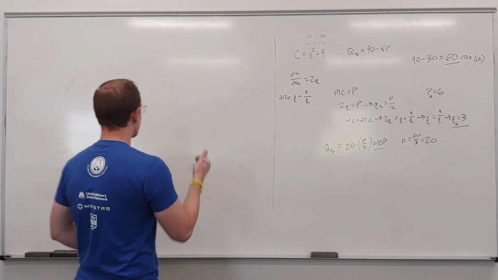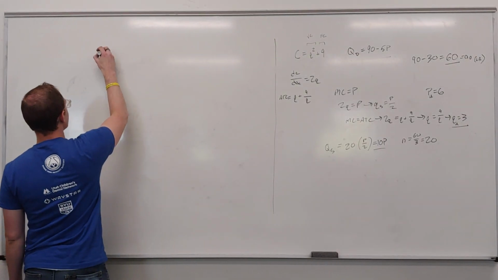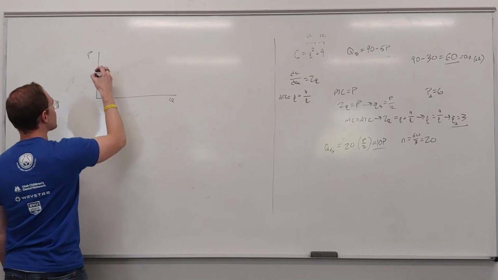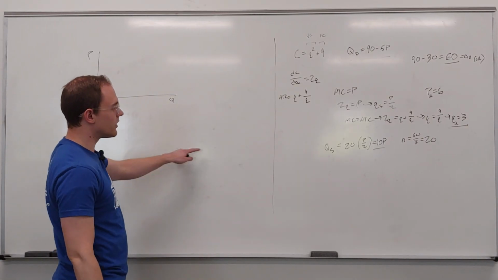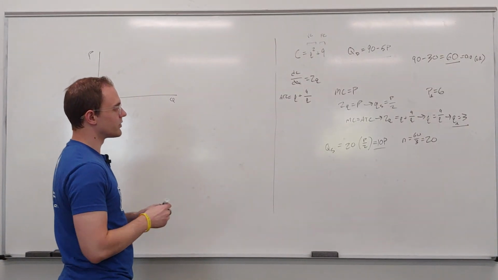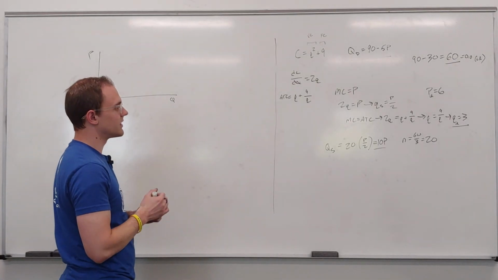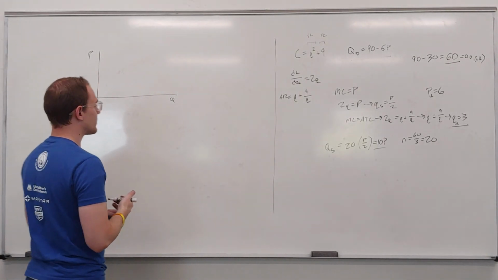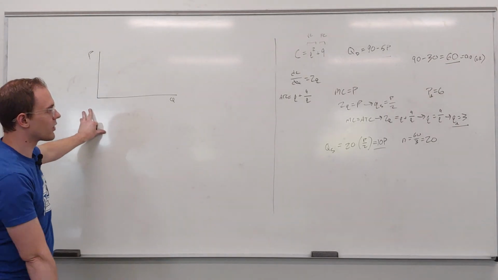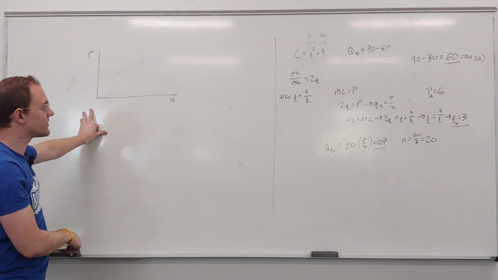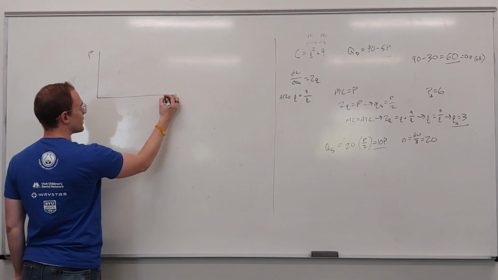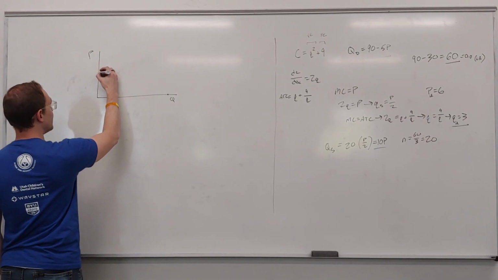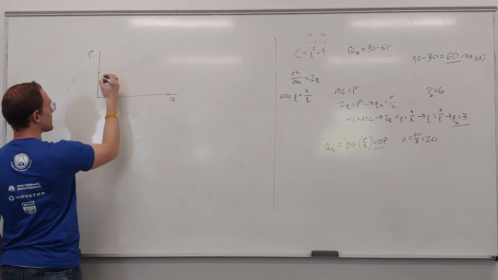Okay? Let's graph this, why not? Okay, so here's a little graph. Here's quantity, here's price. And we know that in the long run, we're producing where the price is 6, and the quantity is 60. So for our quantity demanded, 90 minus 5p, let's say we have 90 out here, and 18 or so we have somewhere up here.